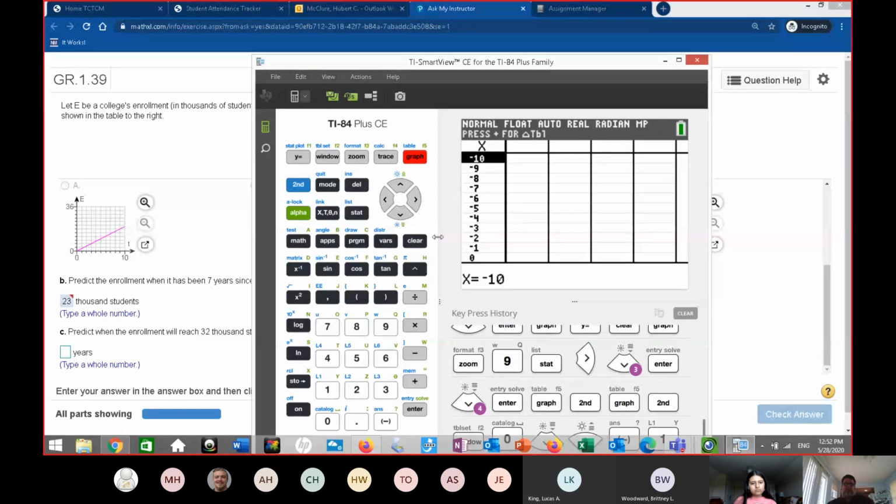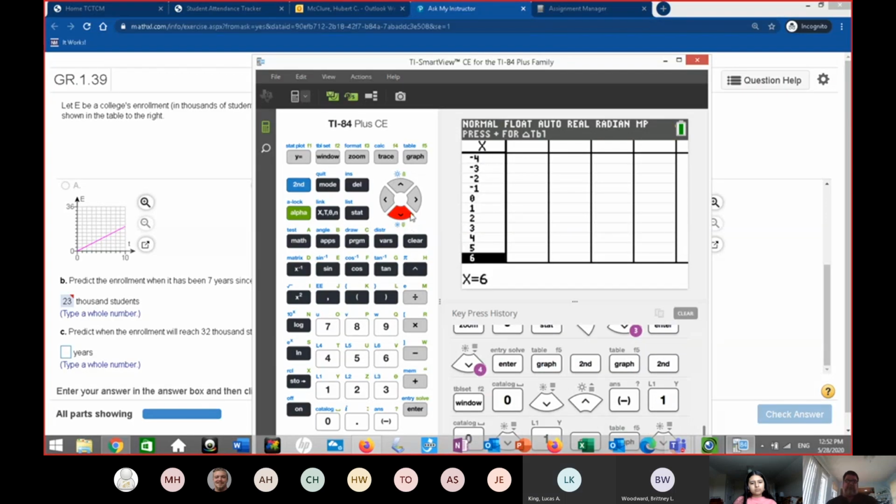Now, why is it supposed to give us X and Y? I don't know why it's not doing it. Hopefully, when you do it on your calculator, it'll give you values for Y. Check on your calculator. Somebody tell me, is it giving your values for Y?